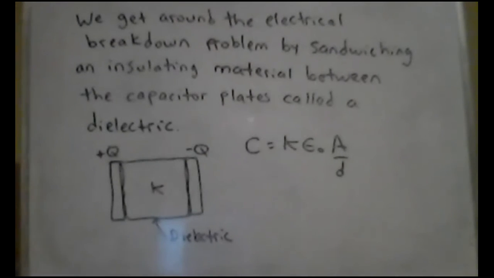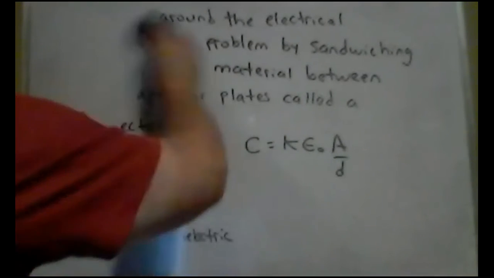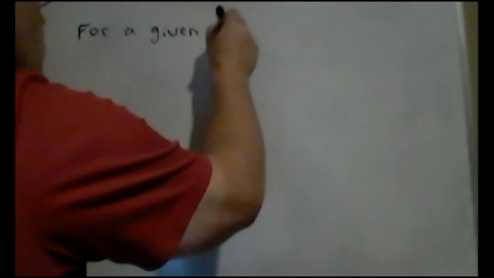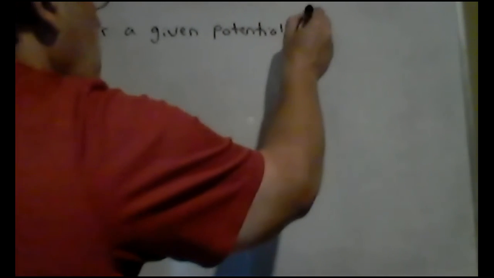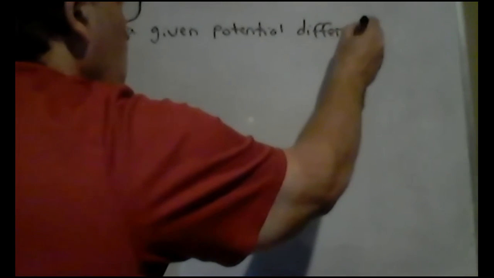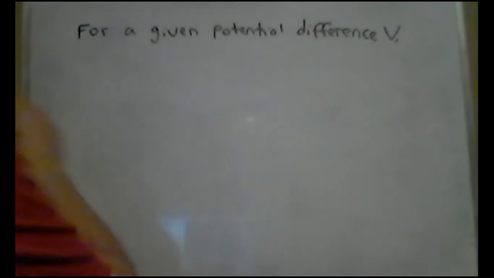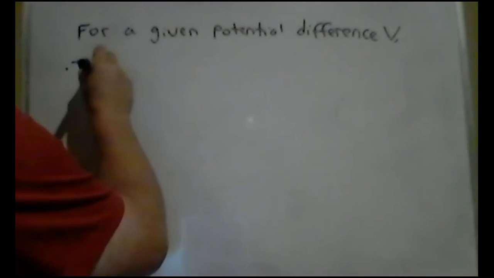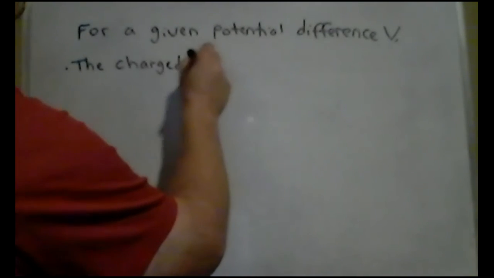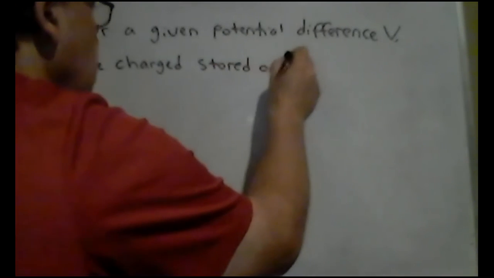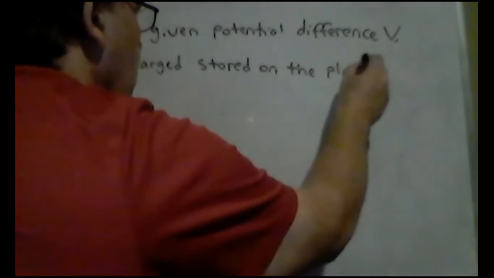So as we said, for a given potential difference V, the charge stored on the plates is enhanced.